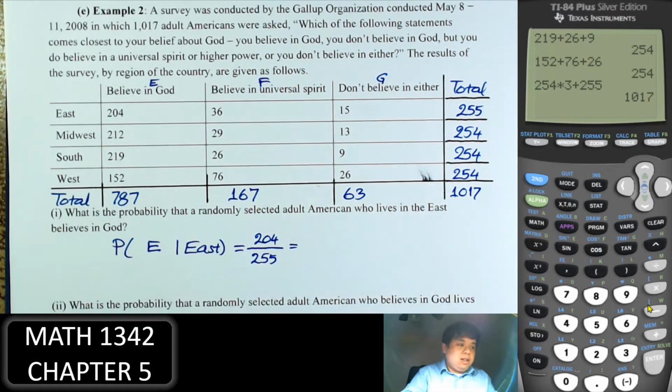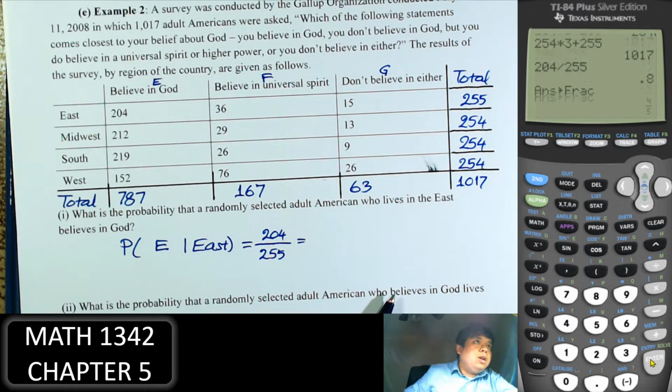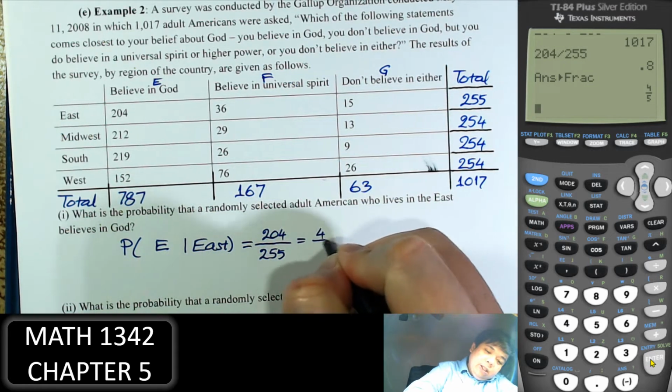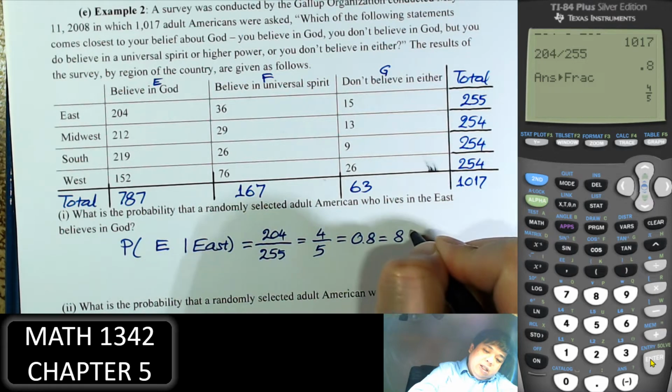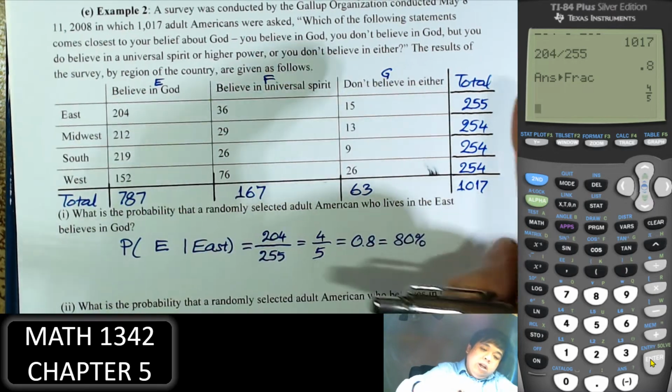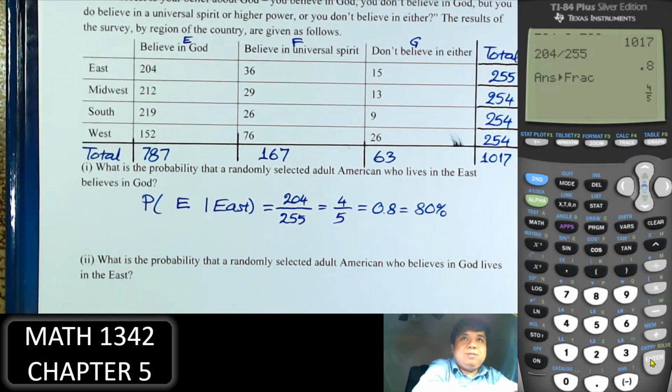So just that. So 4/5, 0.8, or 80%. Yeah, so 80% of the people living in the East believe in God.